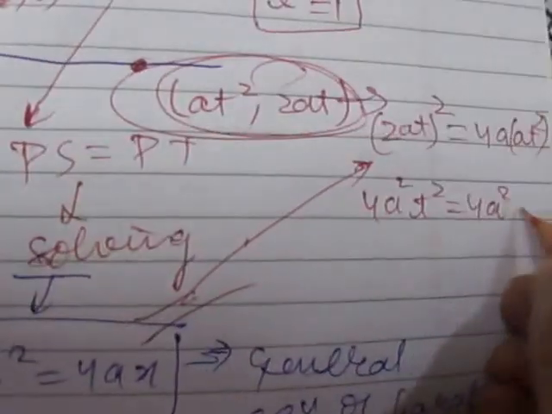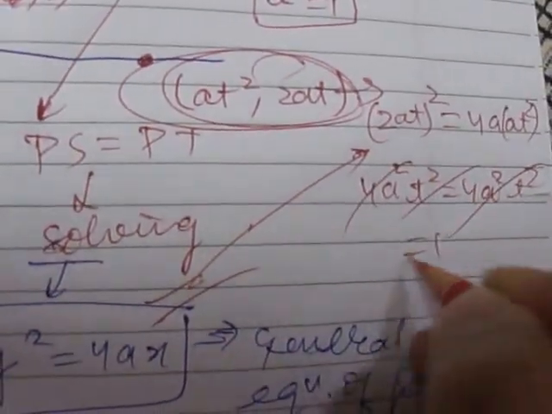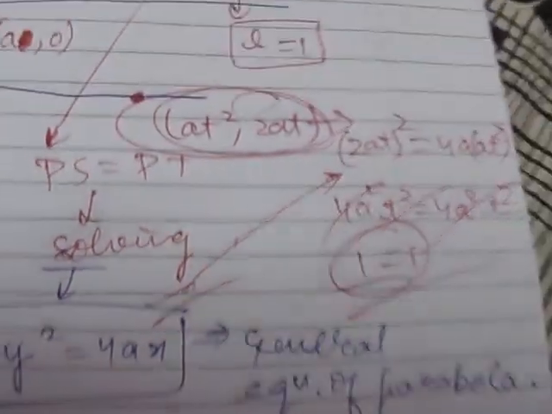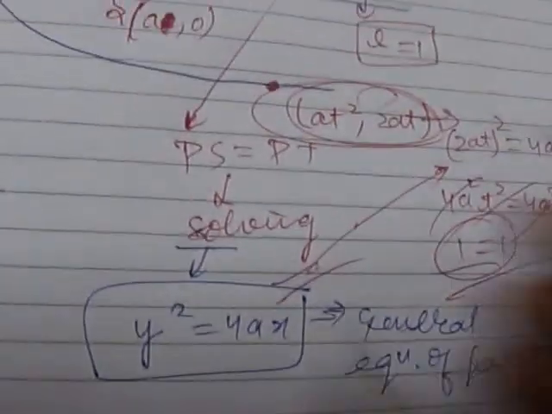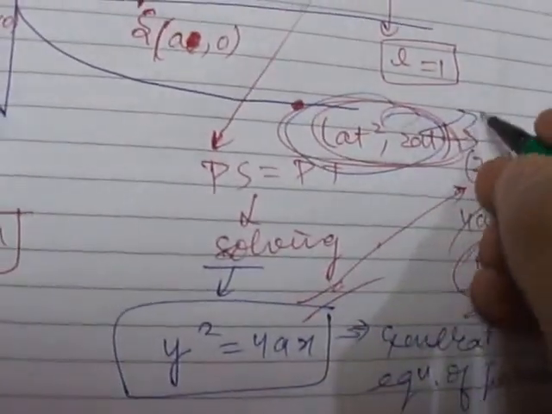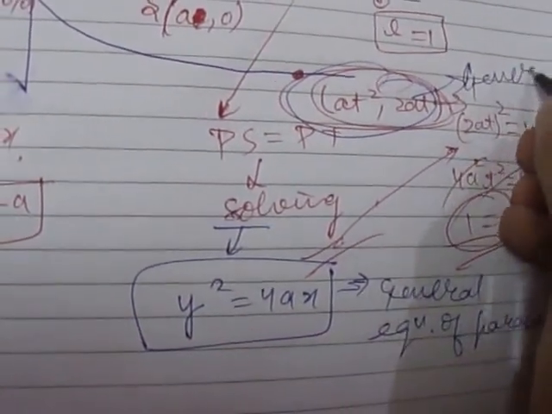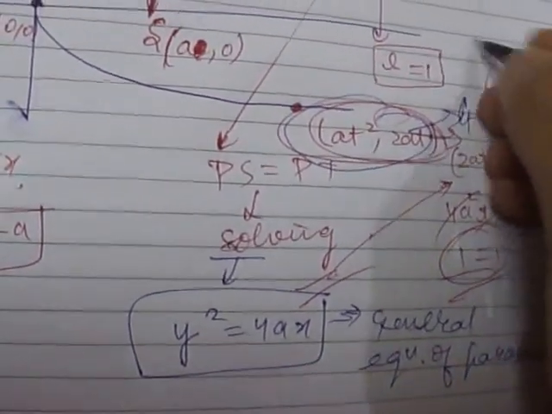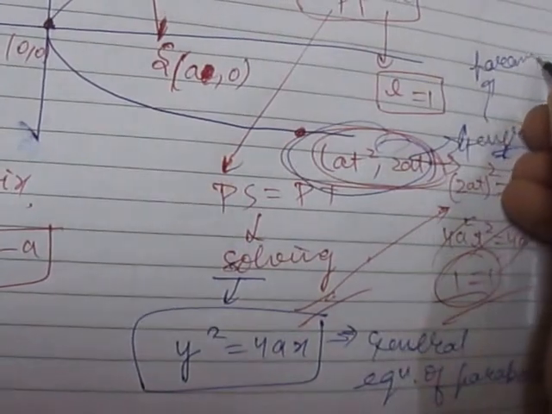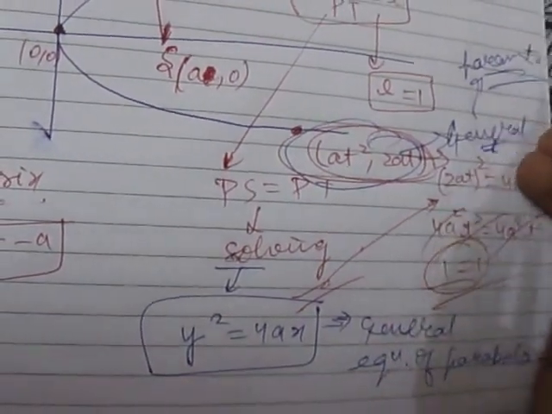So 1 equals 1, hence this point satisfies the equation. This is the general point, an important form, basically the parametric form.